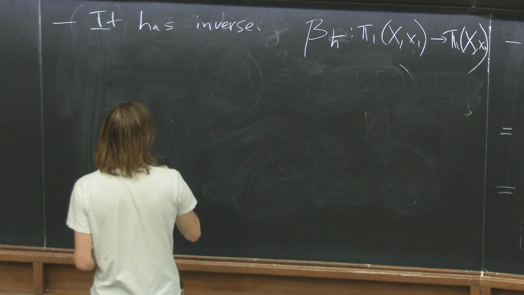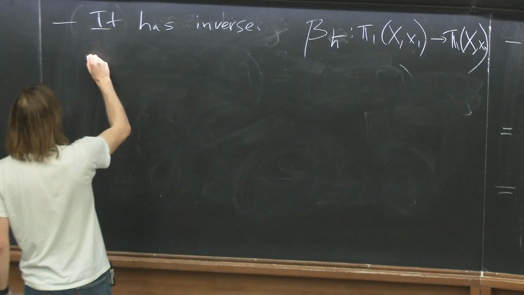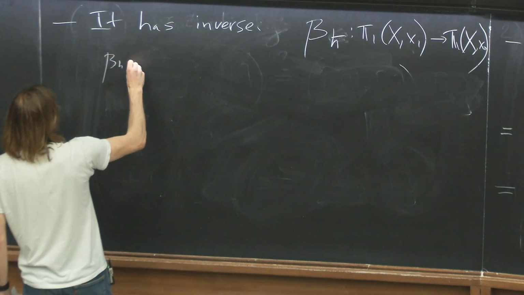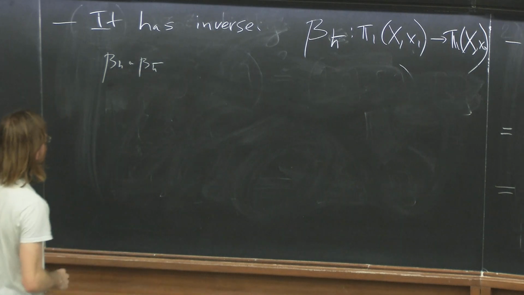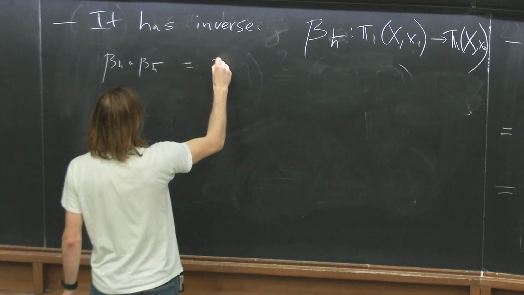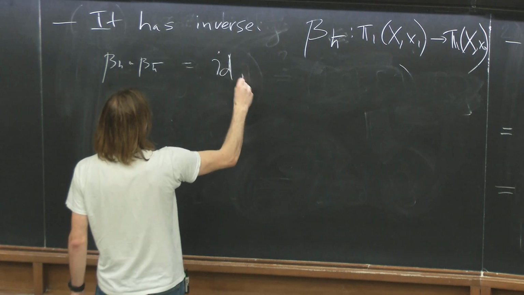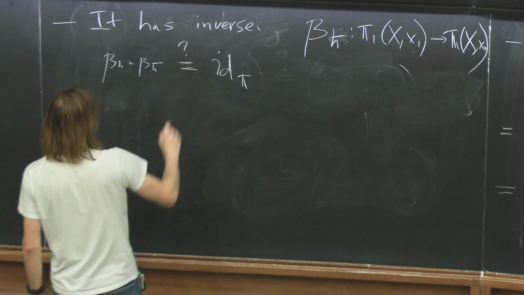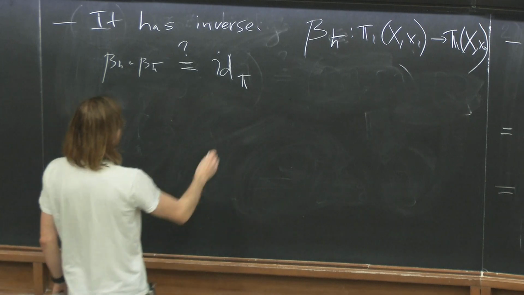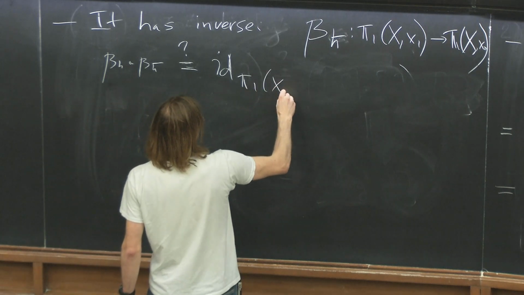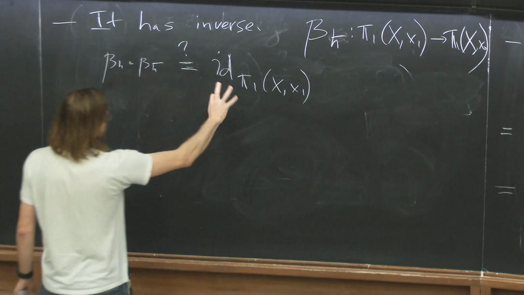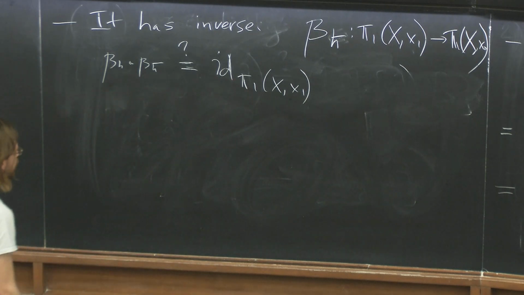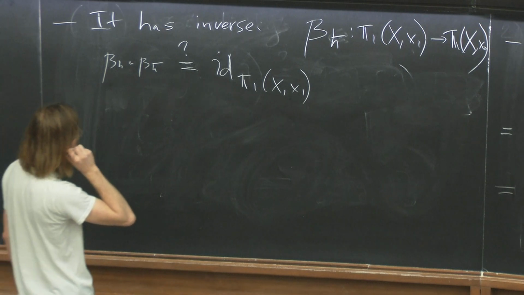We need to show that the composition of these is the identity on pi1 with base point x1, and similarly the other way around, the identity on pi1 with base point x0.